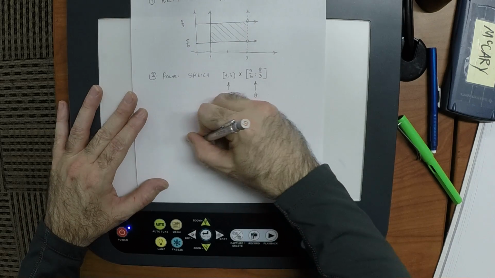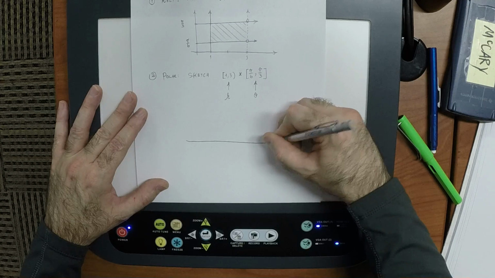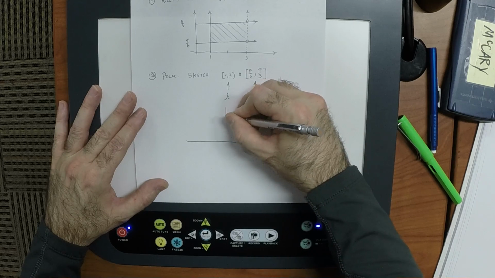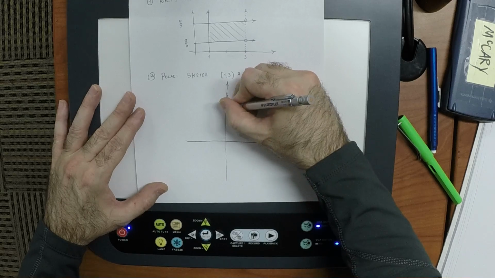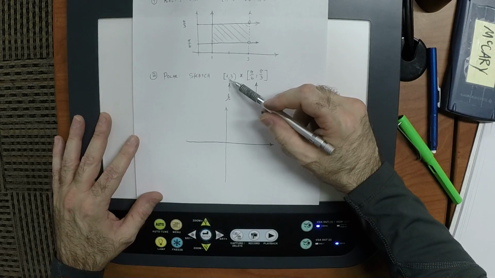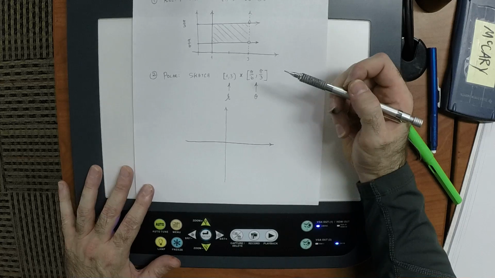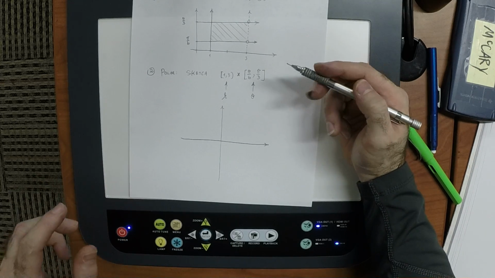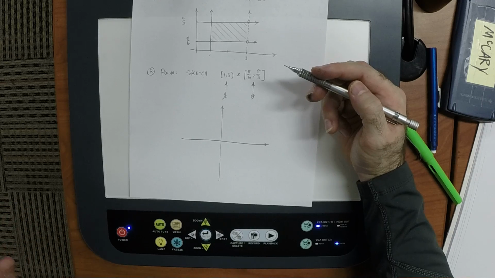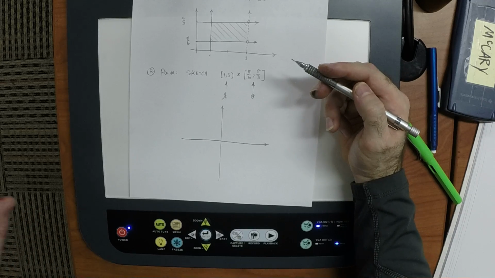Well, what does a constant radius look like in polar? Circle. Right? A constant radius is a circle in polar coordinates.